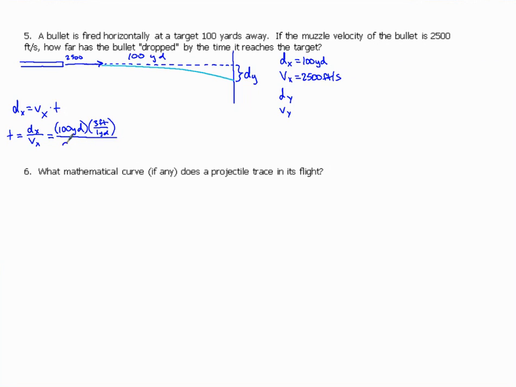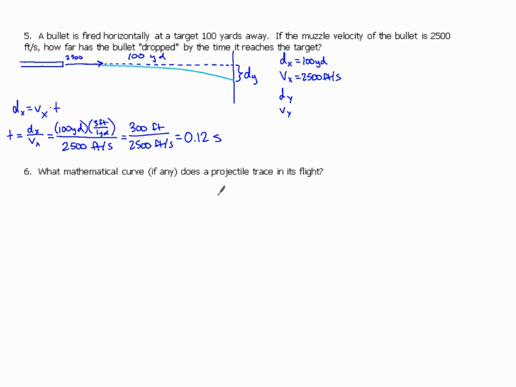And the horizontal velocity is 2,500 feet per second. So we have 300 feet divided by 2,500 feet per second. So this tells us that the flight time of this bullet is only 0.12 seconds.